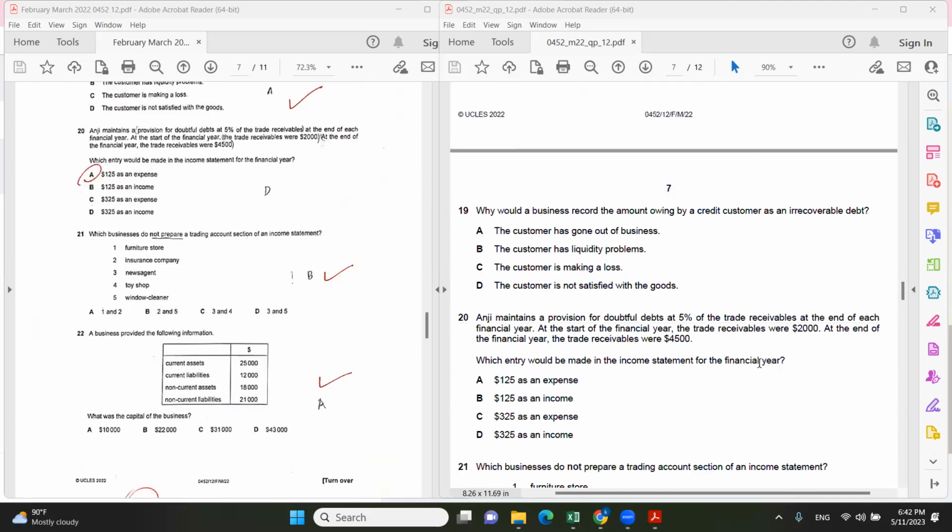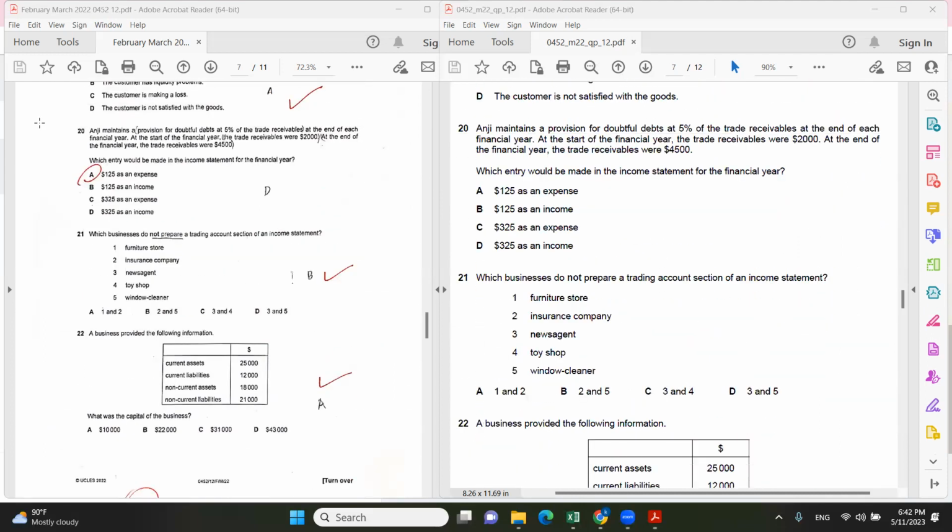Okay. Question 20. Angie maintained a provision for doubtful debt of 5% of the trade receivable at the end of each year. At the start of the financial year, the trade receivable is 2,000. At the end it is 4,500. So I open the provision for doubtful debt. Balance brought down, we take beginning year 2,000 times 5%.